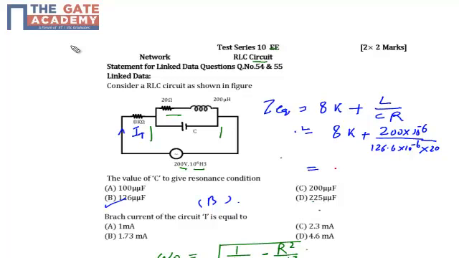So our Z equivalent will be approximately 87K.